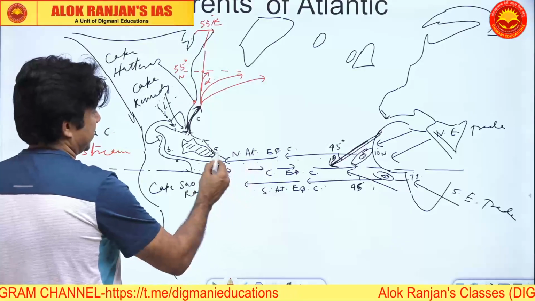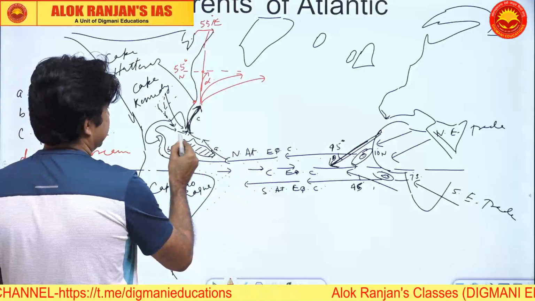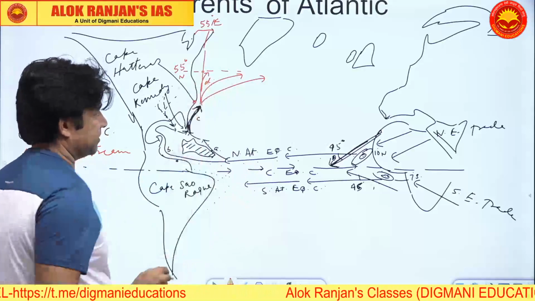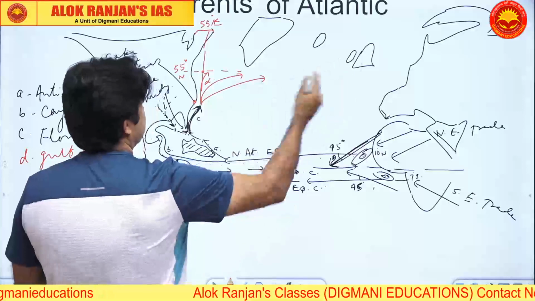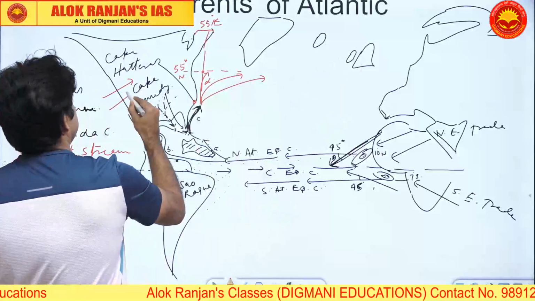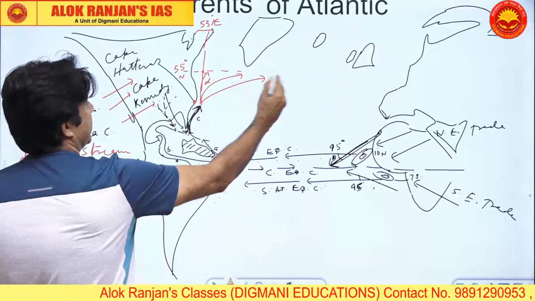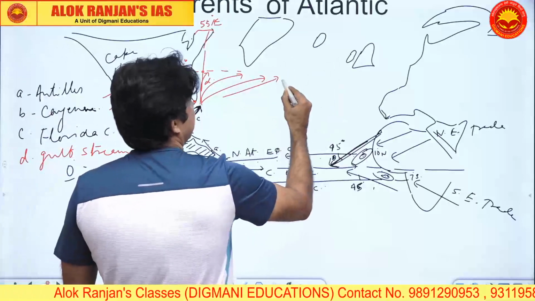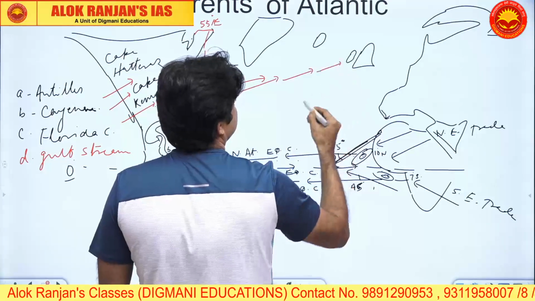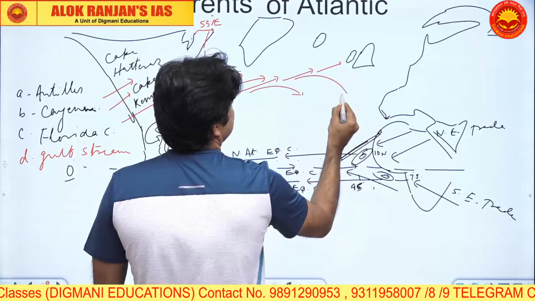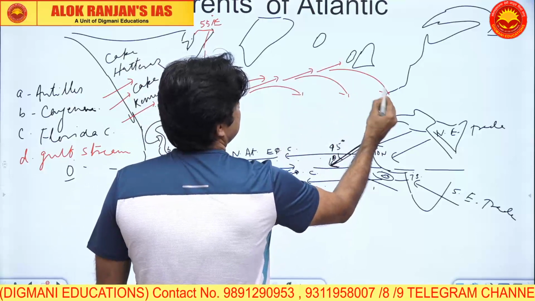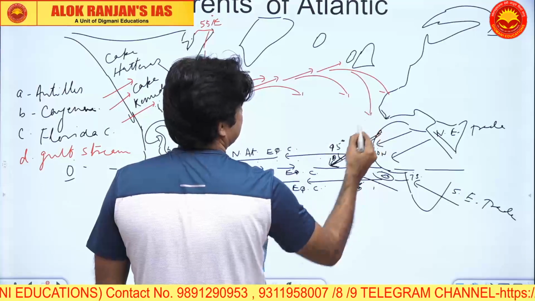So here you have the Antilles, the Cayenne, the Florida, and now the Gulf Stream. And since this region will have the influence of which wind? Westerlies. Here you have the westerlies. The westerlies are driving. So these currents are now moving towards the UK, and this is how it will be deviated.